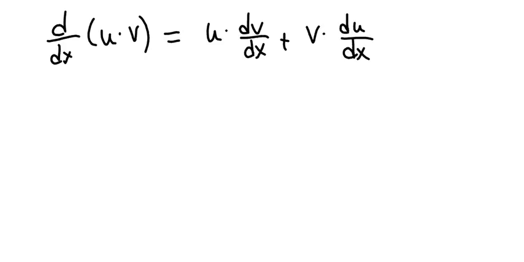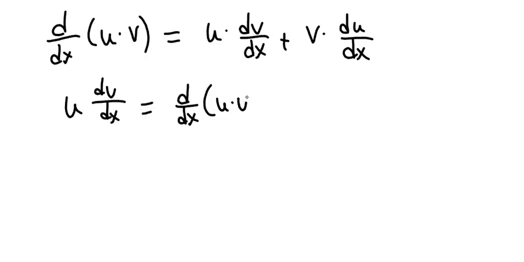Well, I'd like to do some things to that that are mathematically appropriate. It is totally true that u dv dx is the derivative of the product minus v du dx.